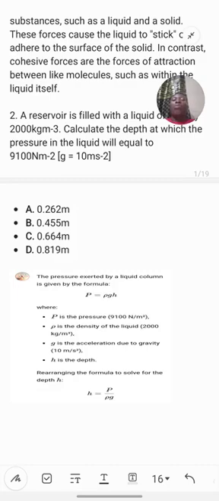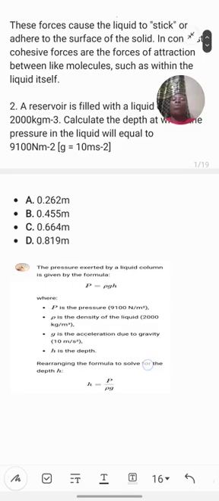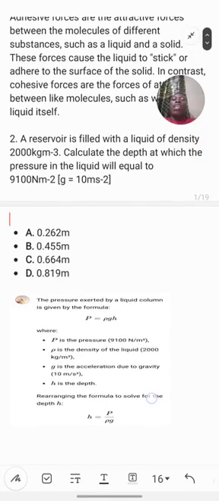We want to look for the pressure exerted by a liquid column. They have given us the density, and they ask us to calculate the depth at which the pressure in the liquid will equal what they have given to us.